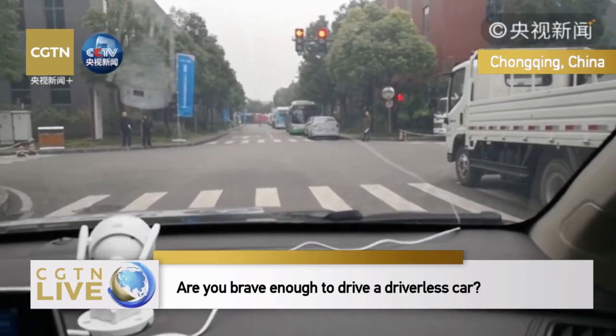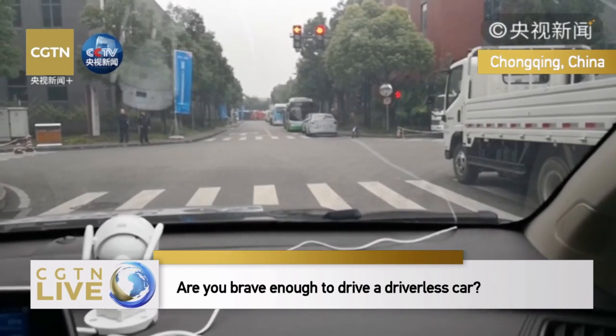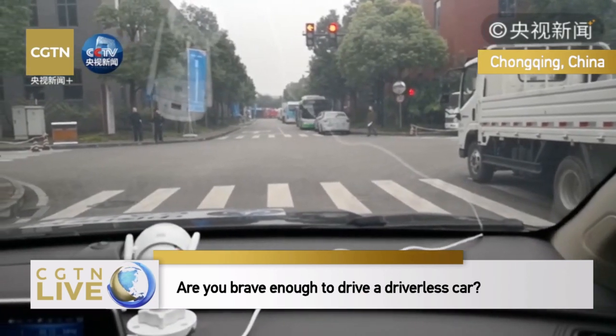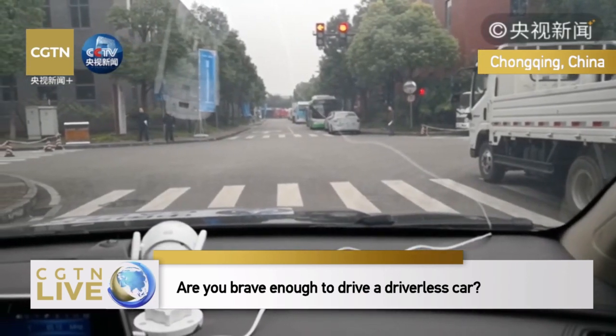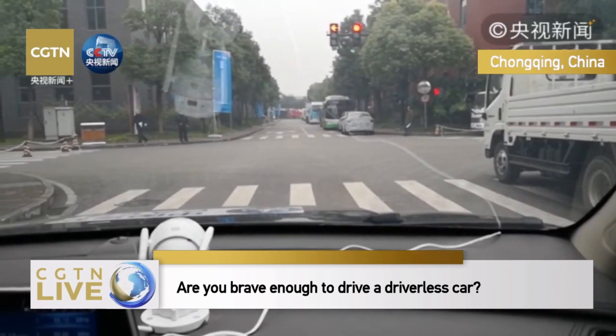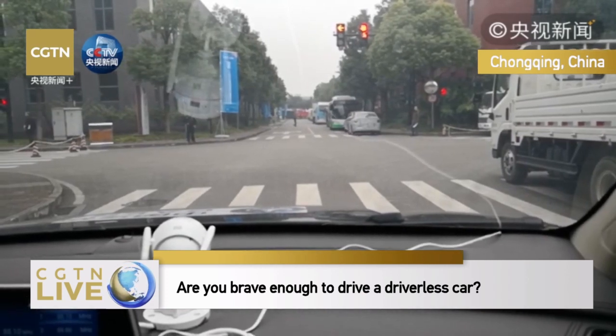For some emergencies, like when there is some speedy car cutting in. And during the whole experiment, there will always be someone sitting inside the car.